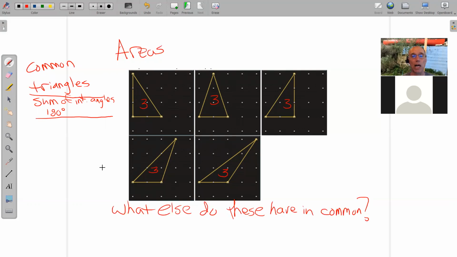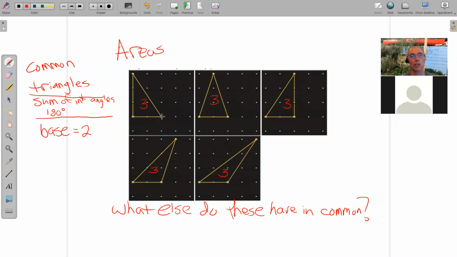What do you notice about the bottom of each of these triangles? They are the same distance, yes. And what is that distance? They all have a base of 2. Every single one of them, right?